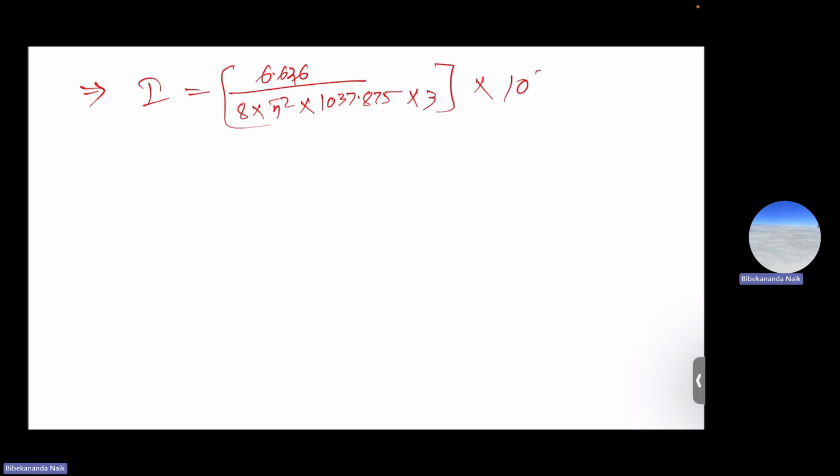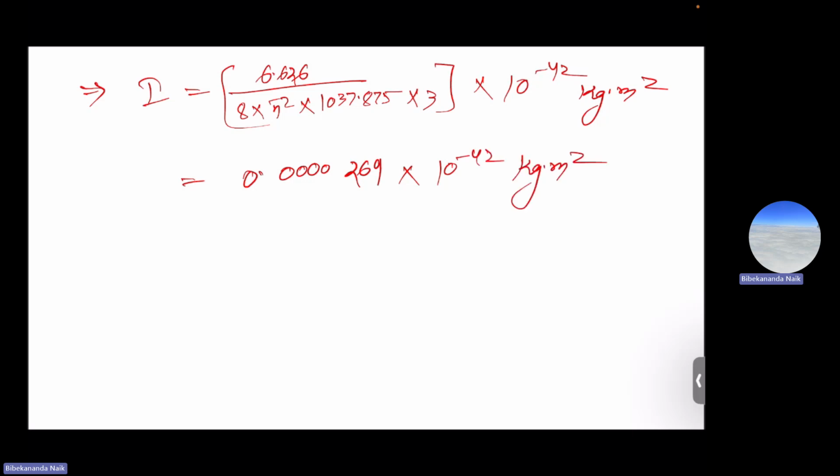Now what will be I then? It will be 6.626 divided by 8 into pi square into 1037.875 into 3 into 10 to the power minus 42 kg meter square, which is 0.0000269 into 10 to the power minus 42 kg meter square.